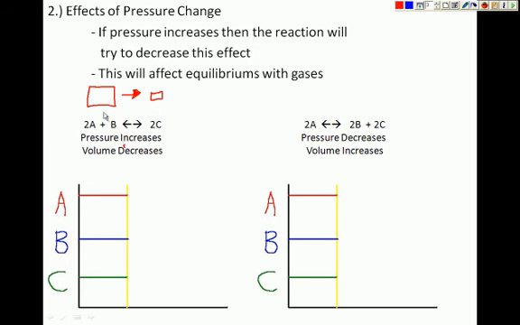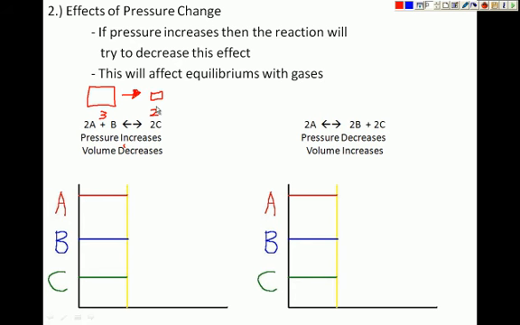So what we can also look at is how many particles of gas do we have here. So we have two A's and one B. So we have 3 particles of gas here, and 2 particles of gas right here. So if the volume decreases, what we can say is that this is a smaller box and it's moved to a smaller box.